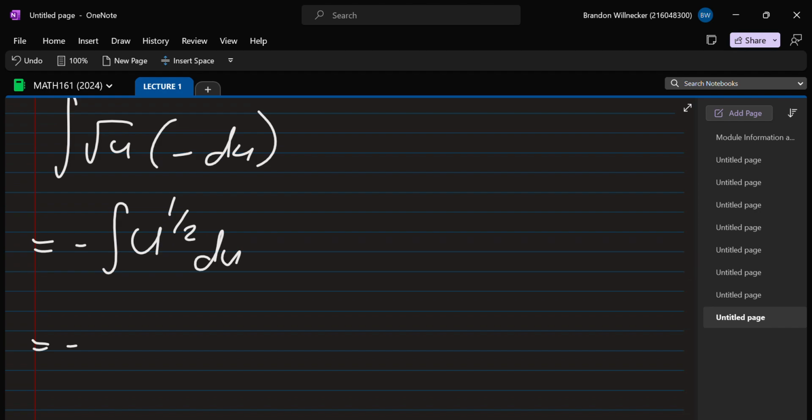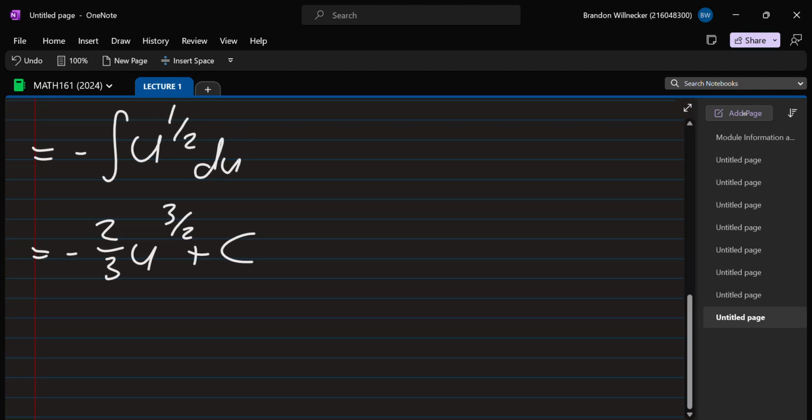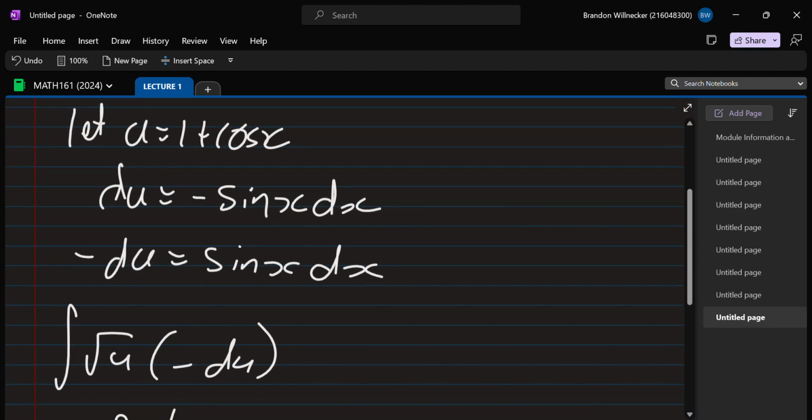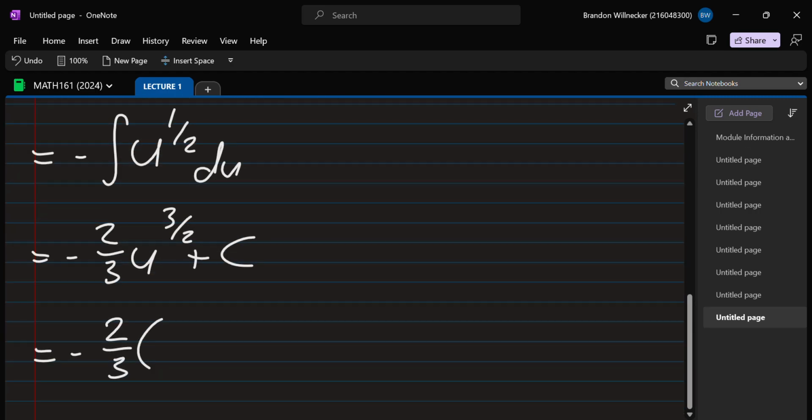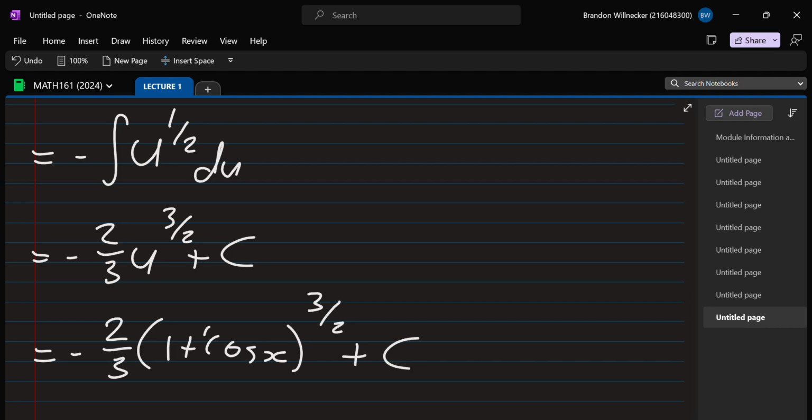Divide by that, that becomes 2 over 3. And don't forget your plus c. So now this becomes minus again, so it has to carry through. u, that is 1 plus cos x, to the 3 over 2, plus c.